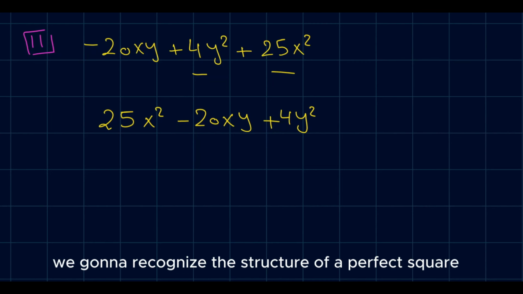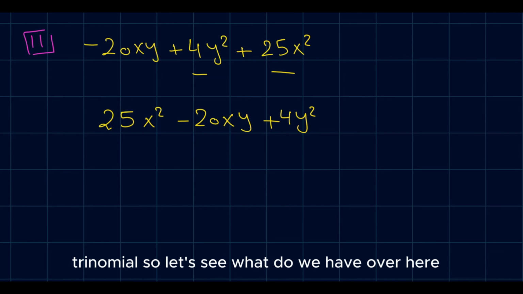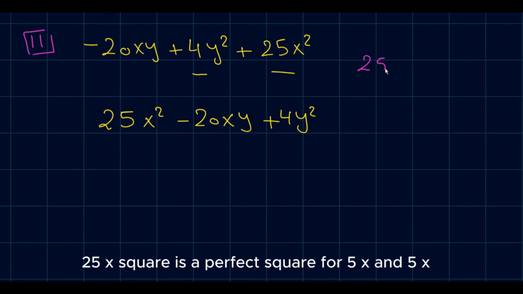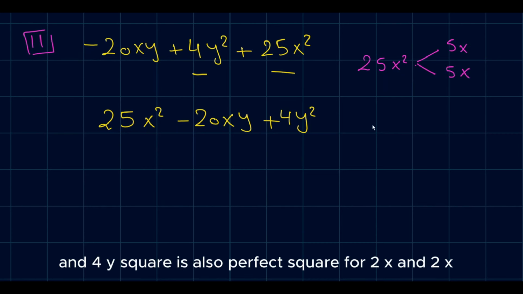Second step, we're gonna recognize the structure of a perfect square trinomial. So let's see what do we have over here. 25x squared is a perfect square for 5x and 5x. And 4y squared is also a perfect square for 2y and 2y.